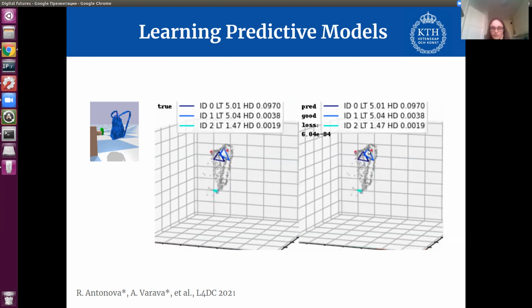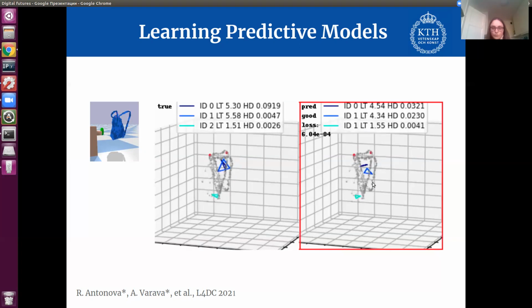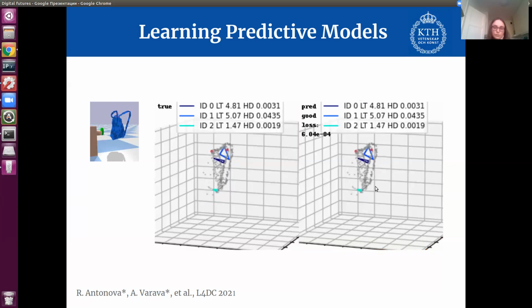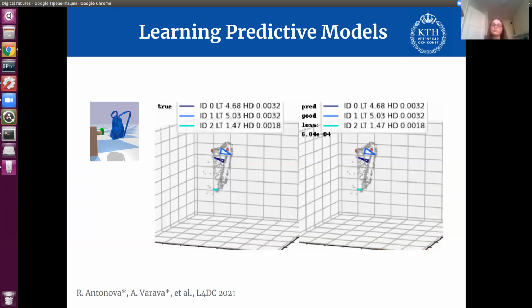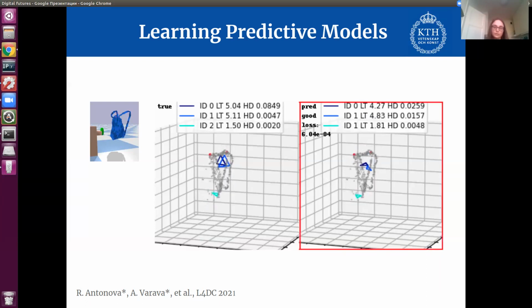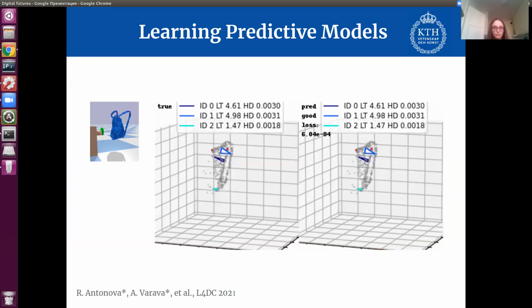And as we can see, the prediction is quite smooth. Our next step in this work would be to integrate it with a control strategy to use this state representation to perform tasks like hooking or dressing or putting something on a mannequin.